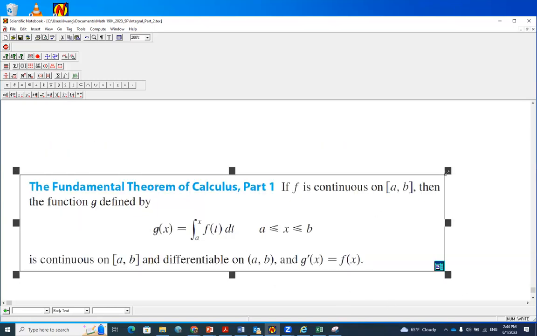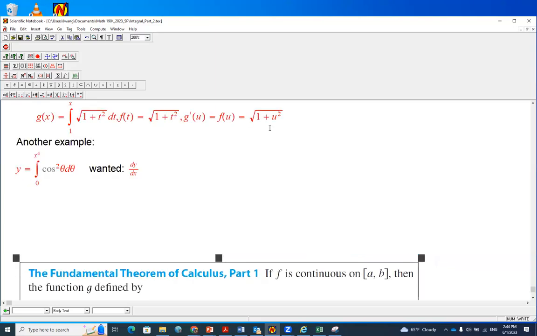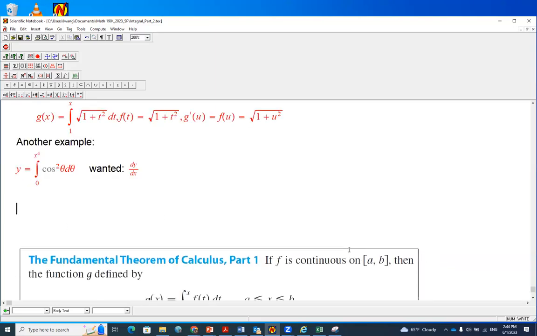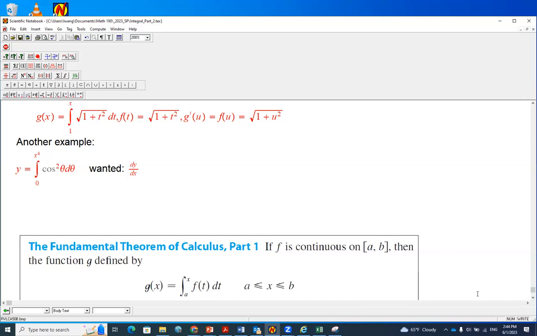You compare these two forms. Here a is 0, and we don't have a simple x, we have x to the power 4. So it's a compositional function.